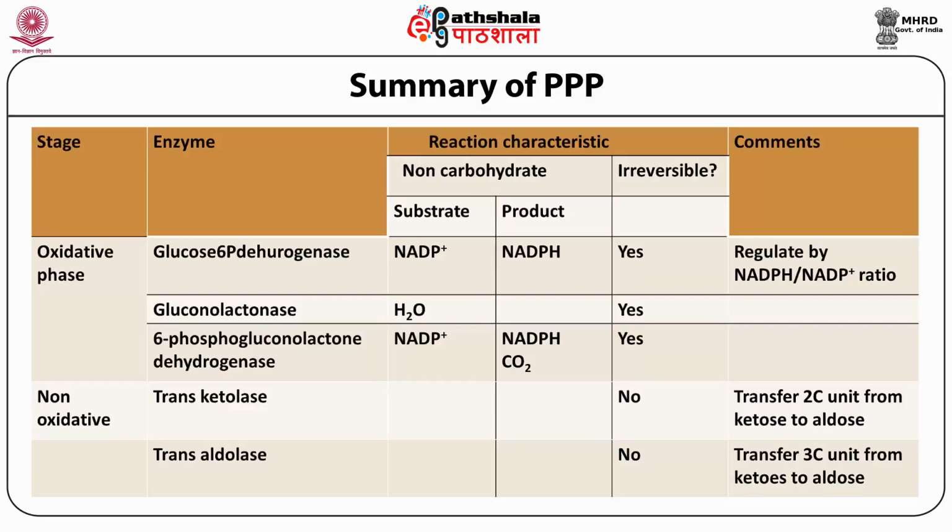As we see, there are two stages of the pentose phosphate pathway, that is the oxidative phase and the non-oxidative phase. The enzymes of the oxidative phase are glucose 6-phosphate dehydrogenase, 6-phosphogluconolactonase and 6-phosphogluconate dehydrogenase. And in the non-oxidative phase, the enzymes are transketolase and transaldolase.